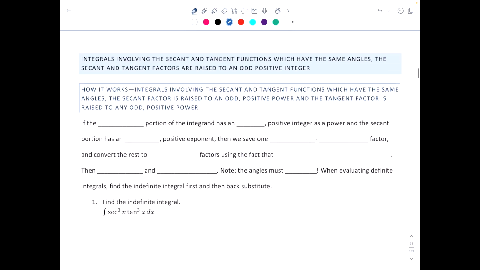All right, so next up, what if you've got the secant and tangent functions, but this time the secant portion of the integrand has an odd positive integer exponent? Sorry, there's a typo here.